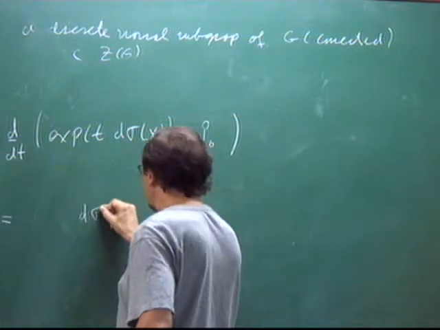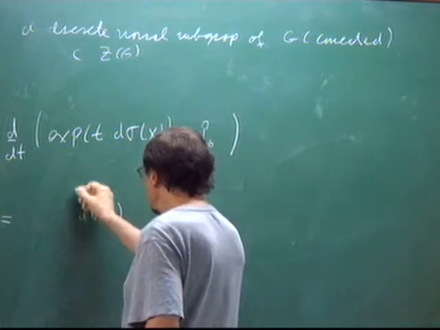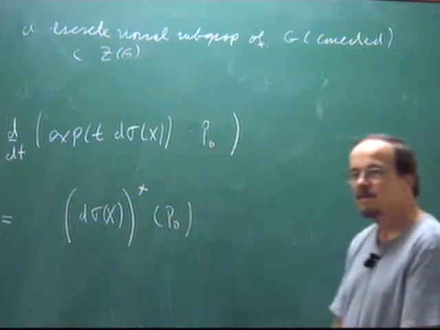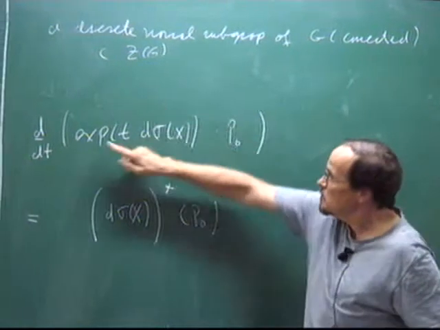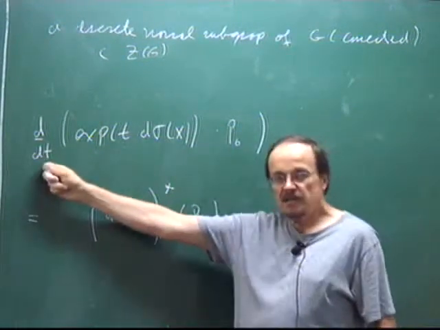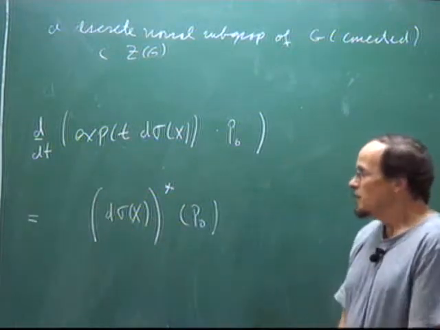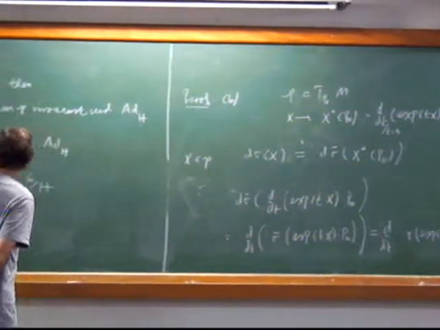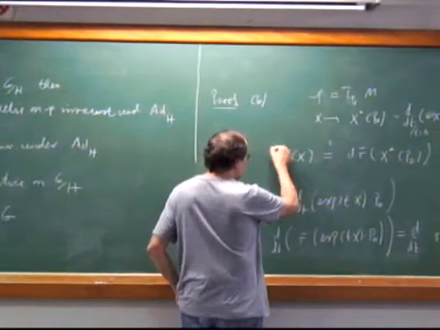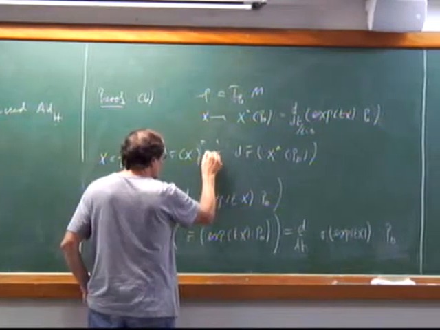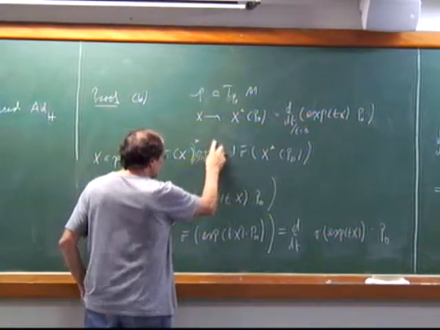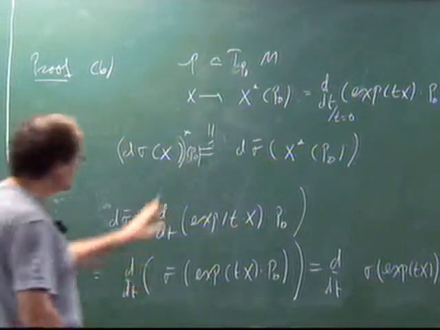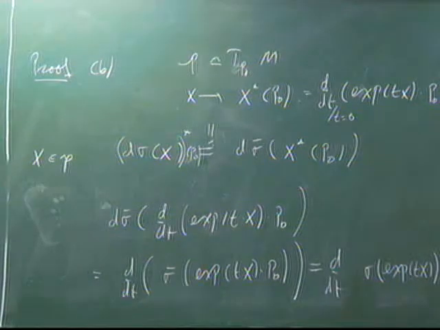It becomes d sigma applied to x star at the point p naught. Right, so here's my vector. I go in this one parameter group, back to the point, differentiate. That's an action field. So in fact, maybe this here wasn't quite what I want to prove. I have to use the claimed identification. But what does that mean? It means that this star at the point p naught is equal to this. Now they lie in the same space, the tangent space of M. Right, so that's what it means to be precise. Okay, that's the proof.